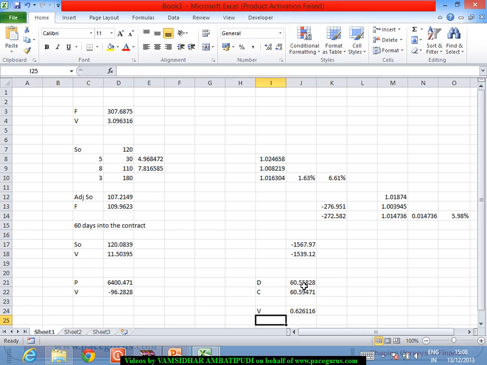Again, if we are talking about in terms of some $1 million worth of rupees or $1 million, whatever it is, we can convert them into an appropriate currency and then price, and then come out with the value in dollars or rupees as a benefit to the long or to the short.